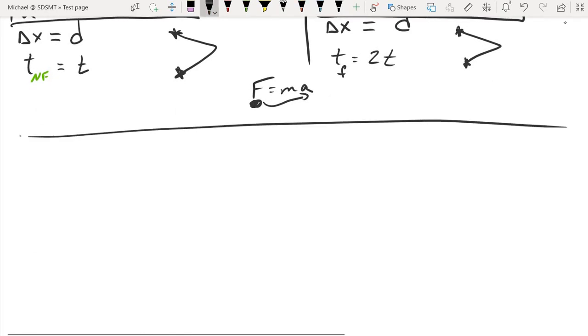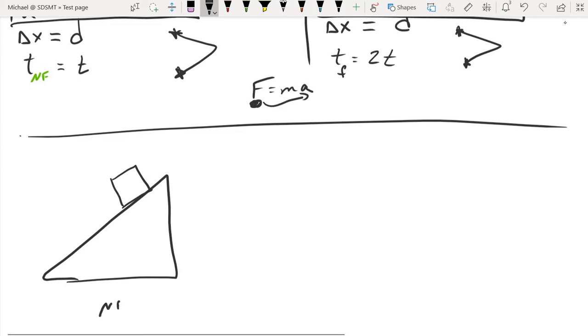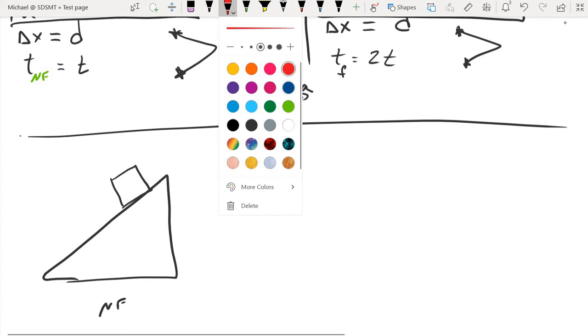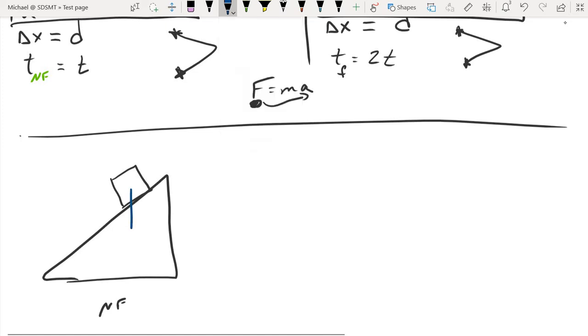So we'll go back to the pictures, and I'm going to draw a fresh set of pictures here because the pictures up top are getting a little messy. So in the non-friction case, we have our pig, which is sitting on the incline, getting ready to slide down, and the forces that are acting on the pig are the weight of the pig, mg, pointing straight down.